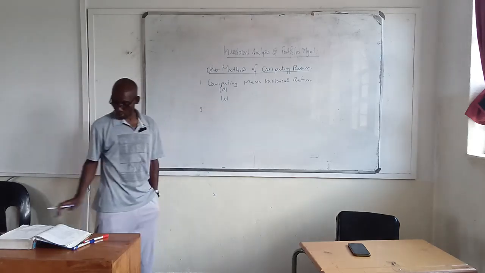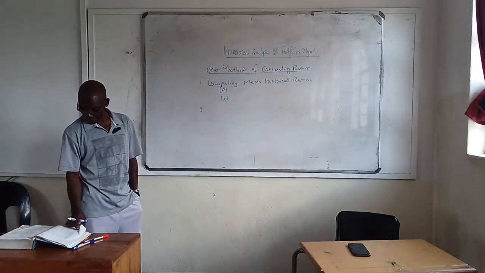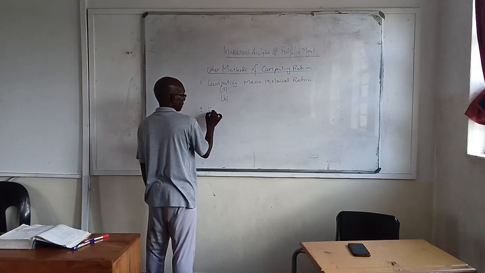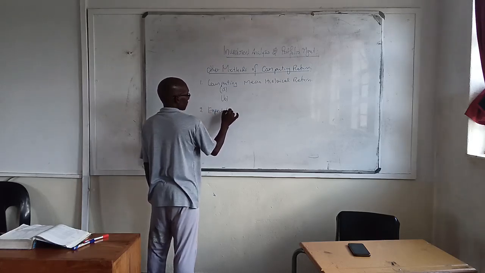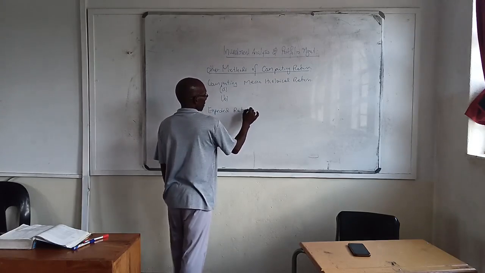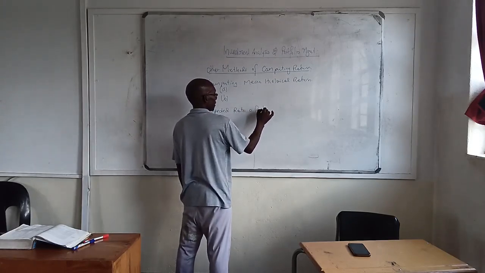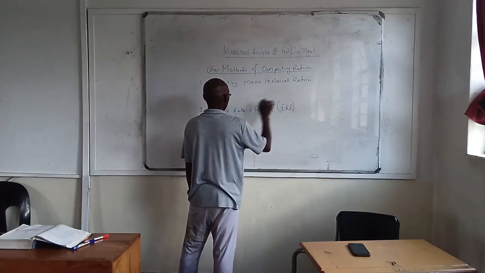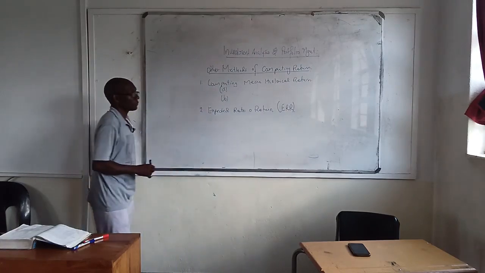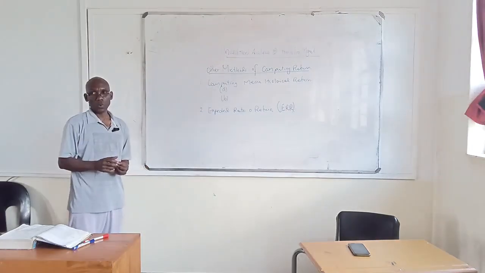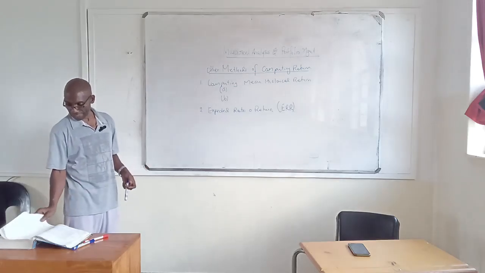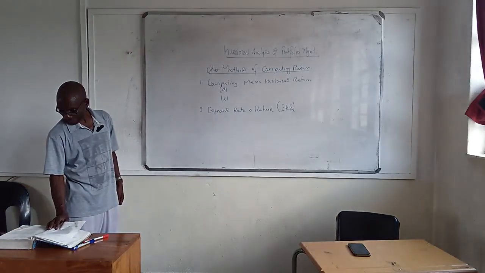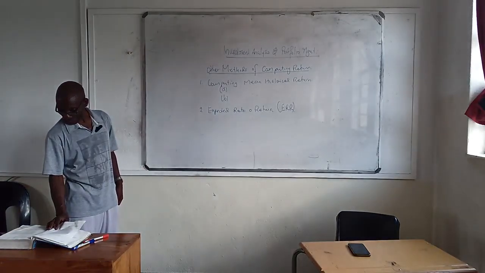Secondly, we'll compute using what is called the expected rate of return, ERR. The expected rate of return is where we use market weights and the weighted mean.